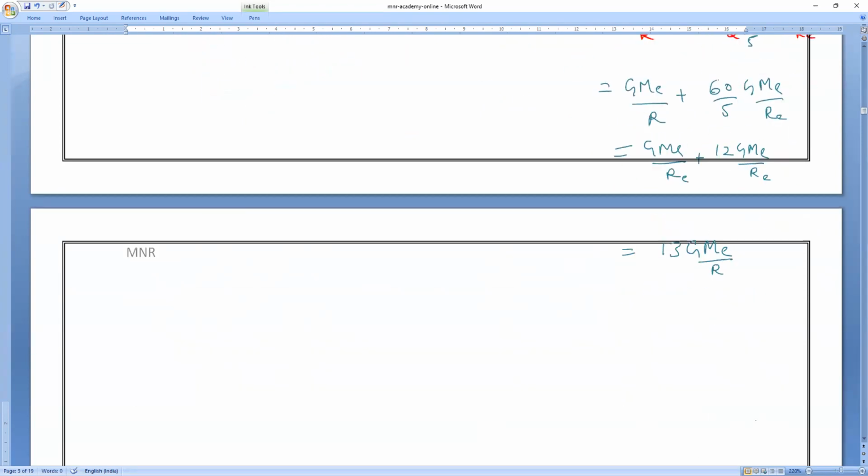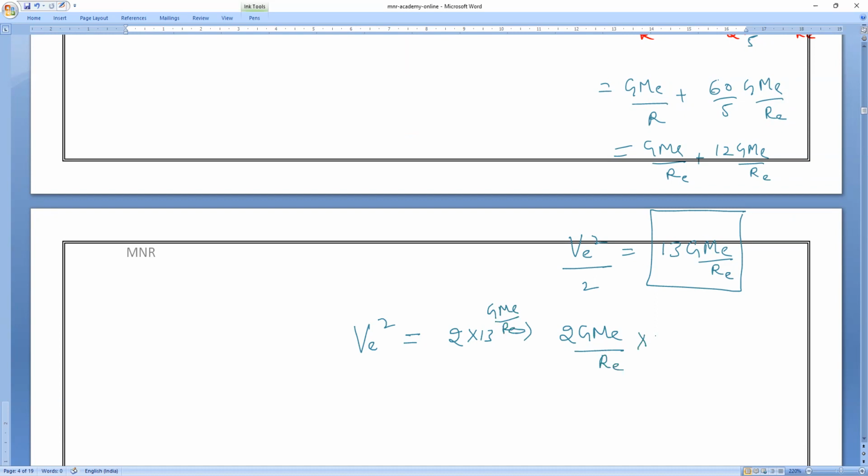Can you understand? 13 GME divided by RE is equal to, now you can say, velocity square divided by 2. The 2 will come to this side. So the square of escaping velocity is 2 into 13, directly I am writing: 2 GME divided by RE into 13.